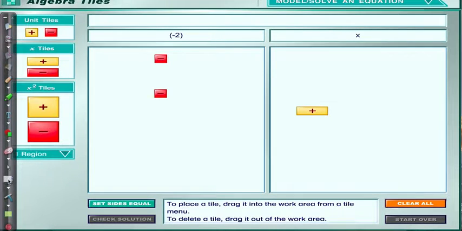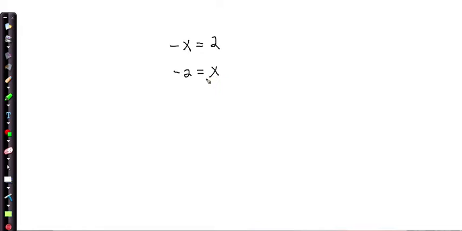Now, I want you to remember what we started with there. So we started with negative x equals 2. And then I canceled out this, and I canceled out this, and look what it became. Negative 2 equals x.